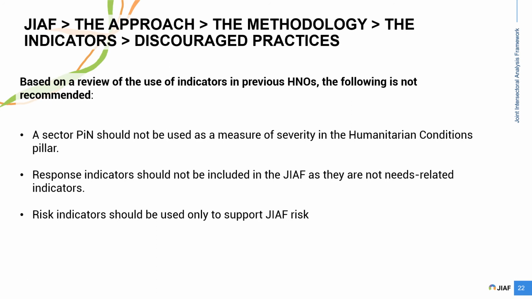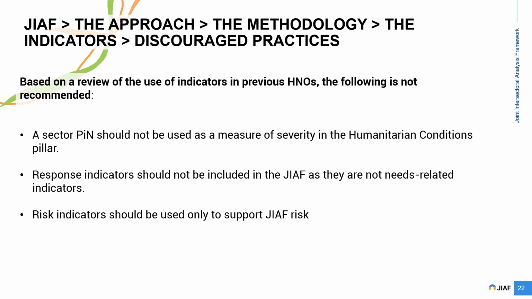JIAF and sector findings. The second not recommended practice is the use of response indicators, as they are not needs-related indicators. For instance, the percentage of population who have received or not received assistance should not be included in the JIAF, as they are not needs-related.